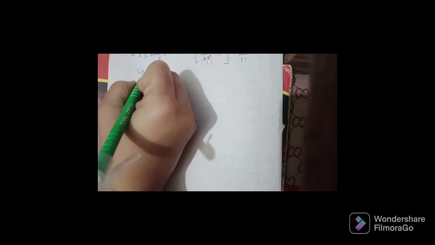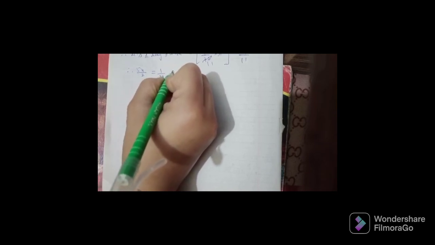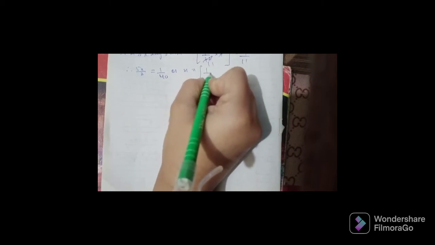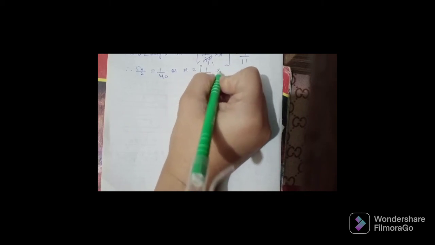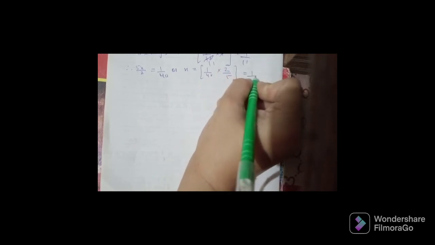We have found C's 1 day's work, and in the same way 5x by 2 equals 1 upon 40, or x equals 1 upon 40 into 2 by 5, which equals 1 upon 100.